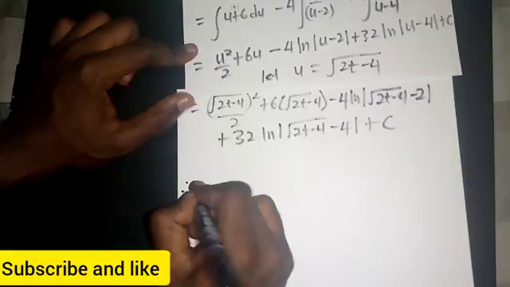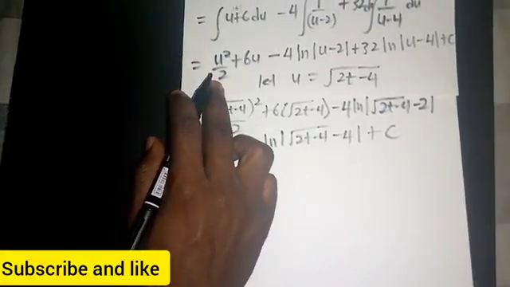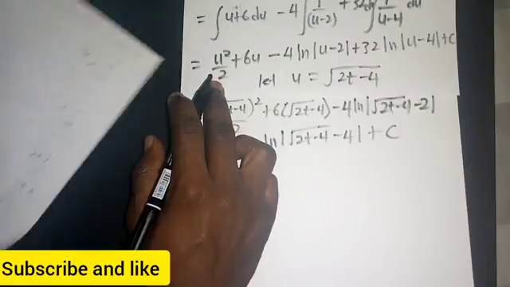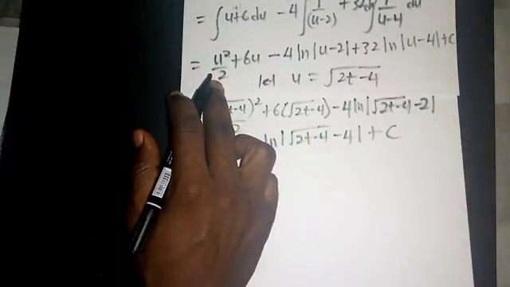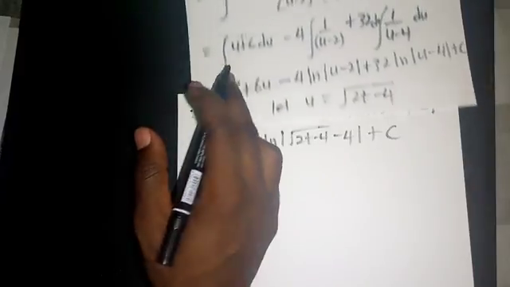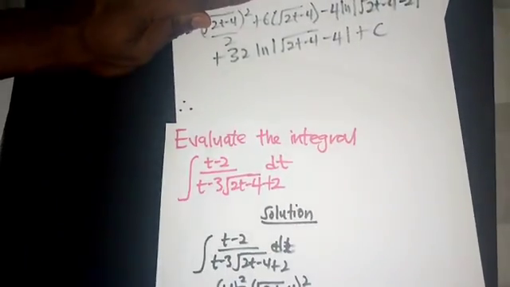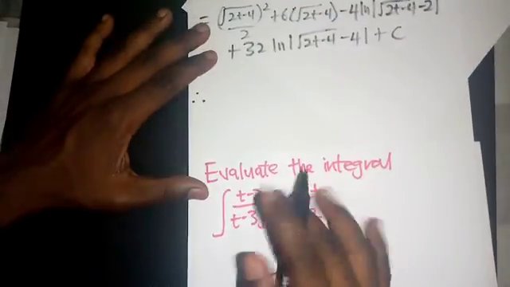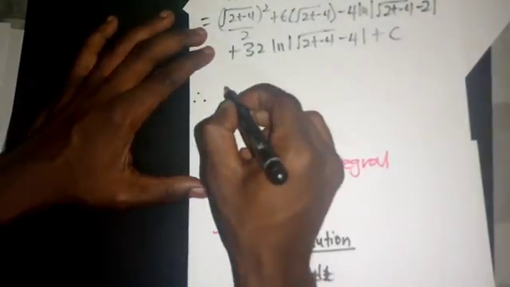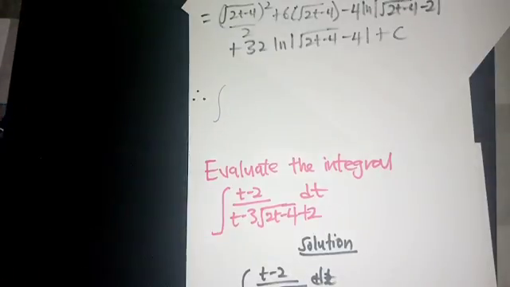So therefore we can conclude that our value from what we are supposed to calculate, which is over here, is here. So we can finally write our value here, let me change the pen.